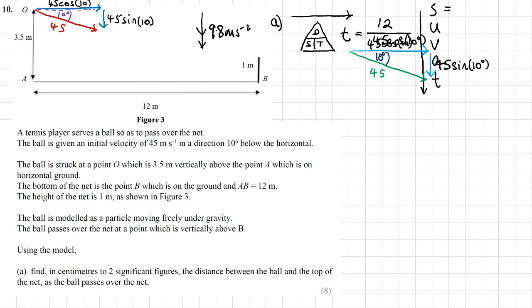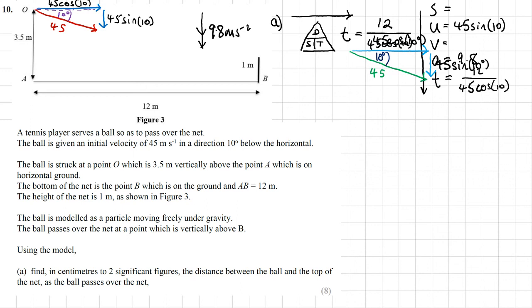The initial speed is 45 sine 10. Don't care about the final velocity. A is going to be 9.8, and t is just this here, 12 over 45 cos 10.